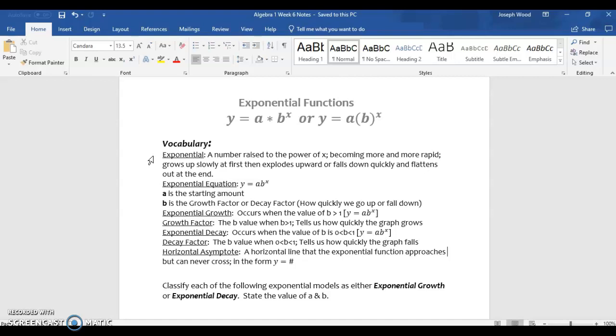When we do this, as time goes on, the rate that it changes becomes more and more rapid. If you have something that's growing, it's going to grow real slowly at first, and then it's just going to explode upward. Or if you have something that's falling, it's going to fall real quickly at the beginning, and then it's going to flatten out towards the end.